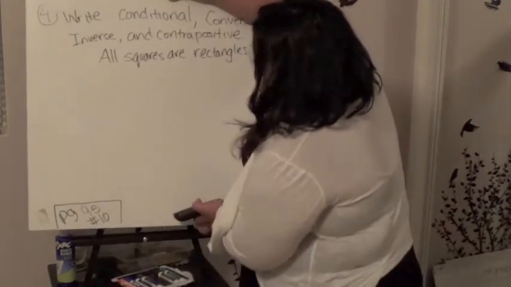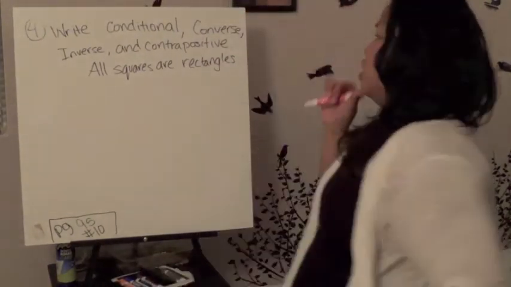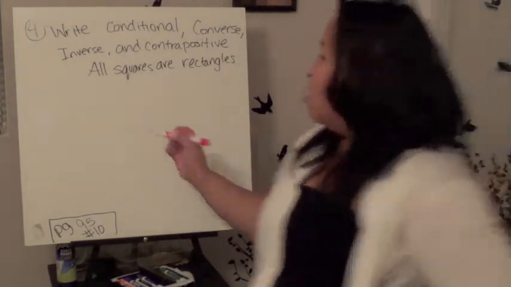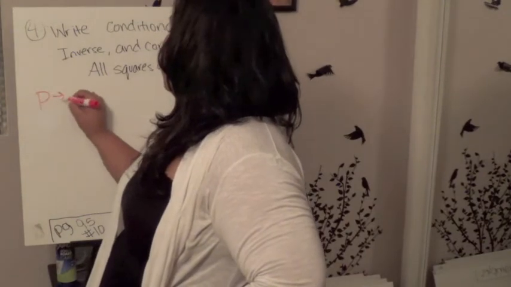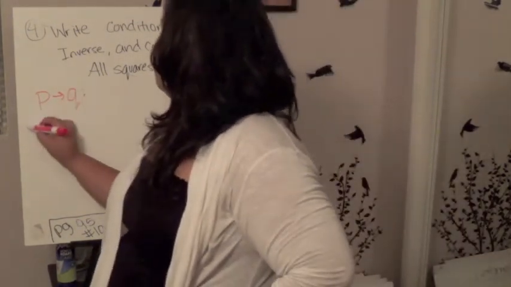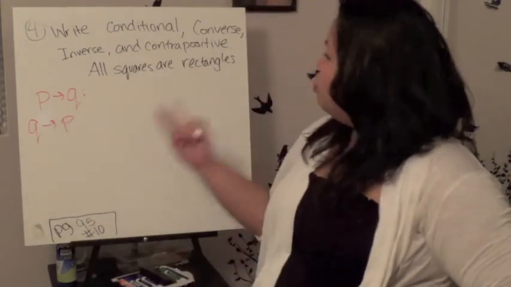Our last example is to write a conditional, converse, inverse, and contrapositive. So those are our 4 statements. The first one is P, then Q. That's our conditional. The next one is our converse, which is Q, then P. We flip it.